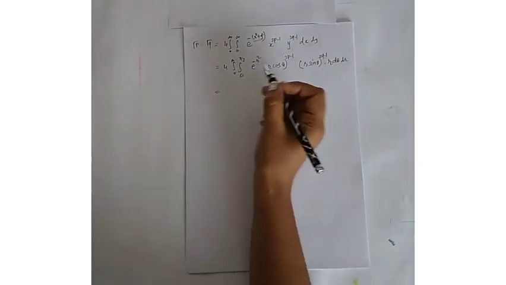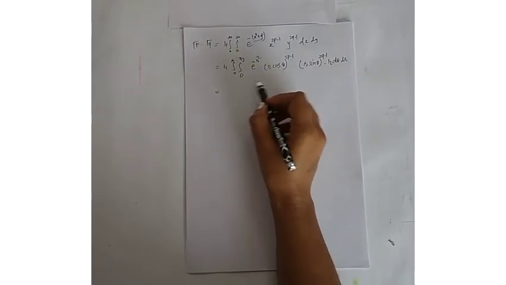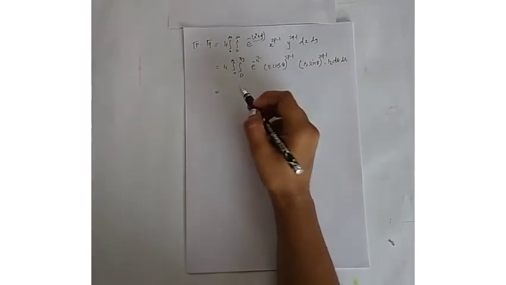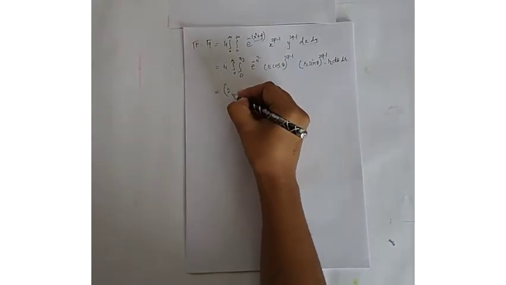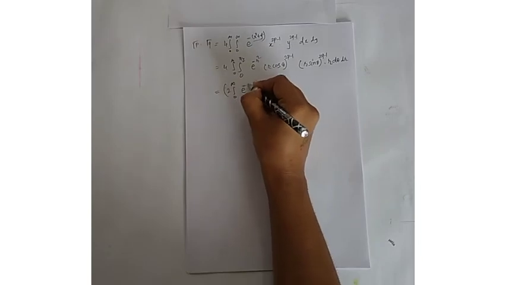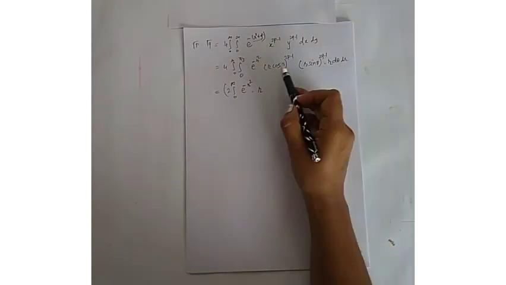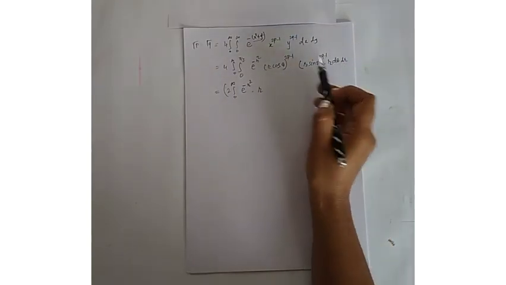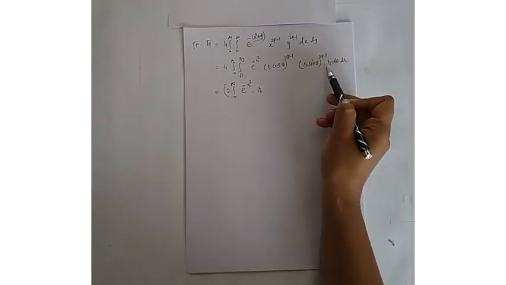So now I'm going to do this integration by parts. 2 into integration from 0 to infinity of e to the power minus r square into r raised to 2p minus 1, r raised to 2q minus 1 and r.